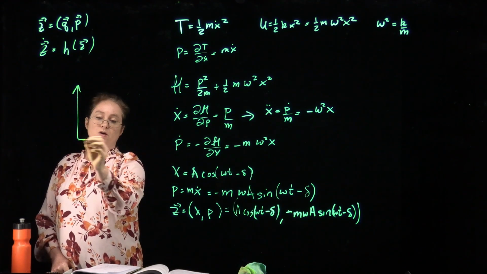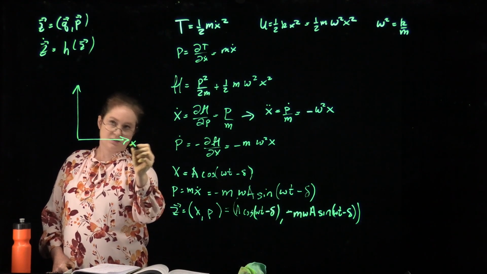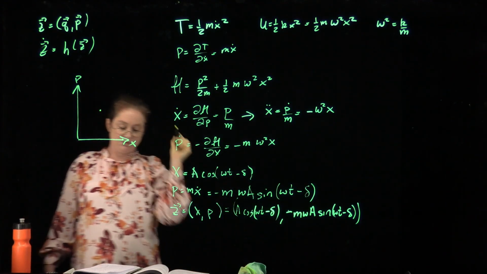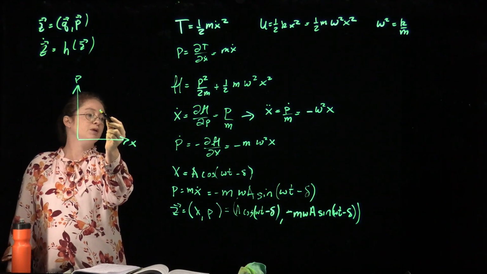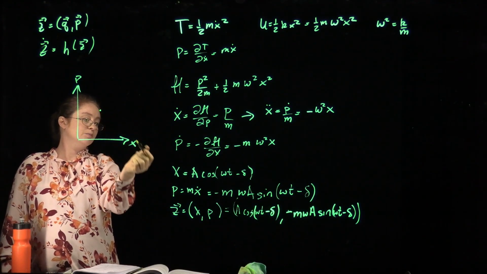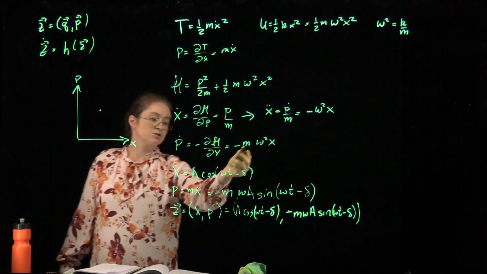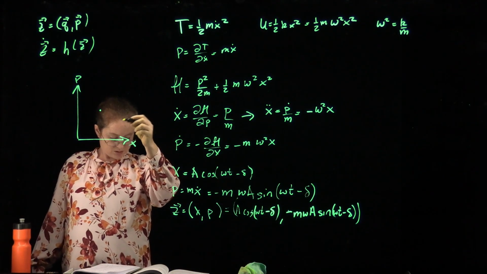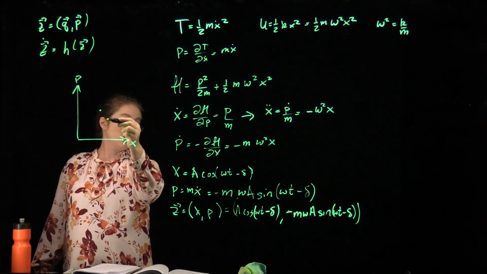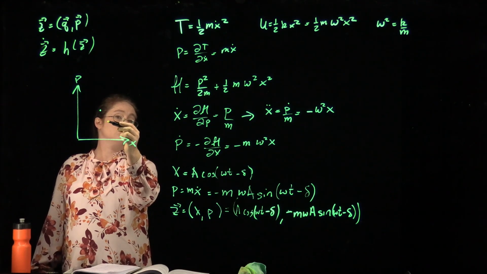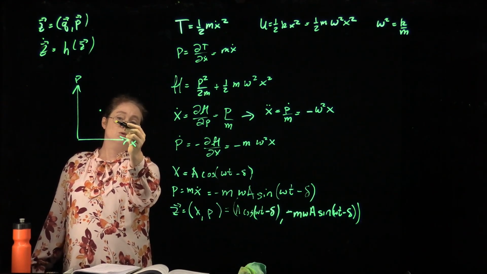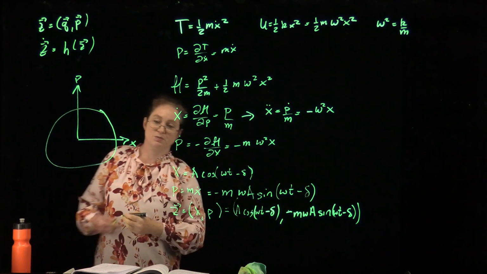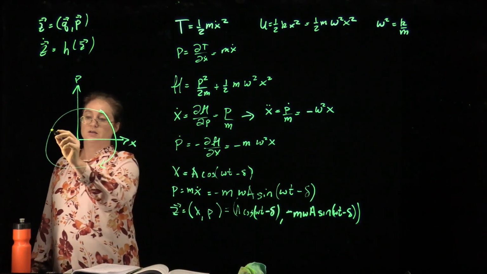So here, x, p, and I will start out at some given point, and my p dot is going to be negative x, and so that means that p is going to move down. My x dot is going to be positive p, so it's going to move out that way. So I will have, that's a very poor ellipse, but I will have an ellipse in this plane.